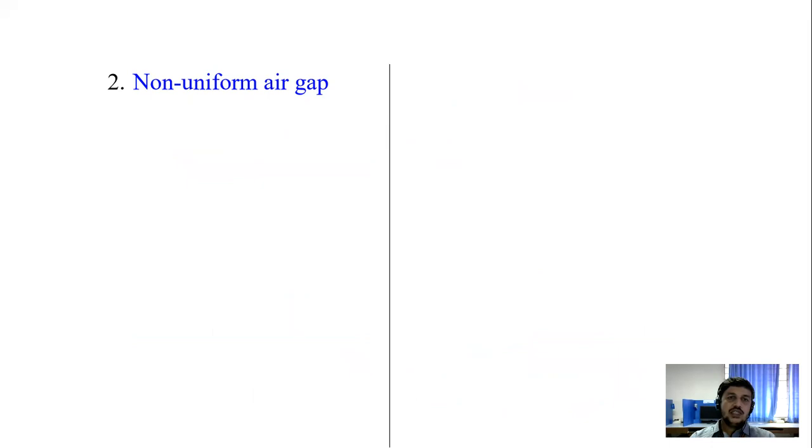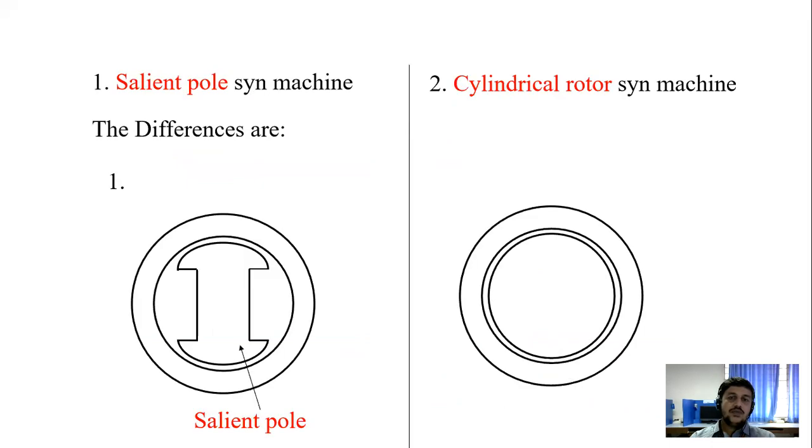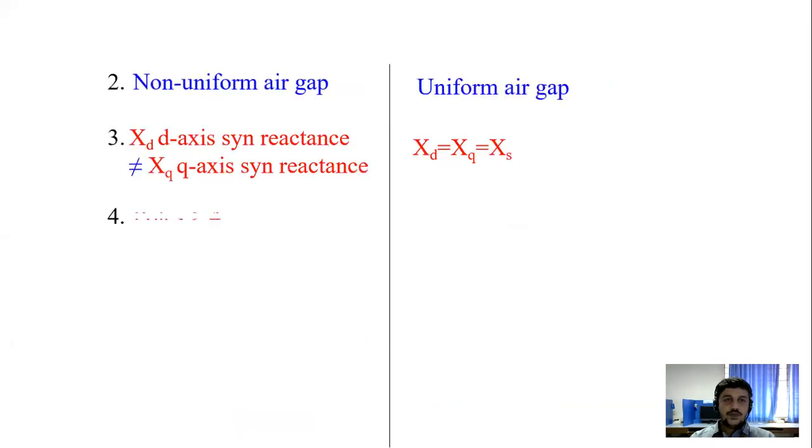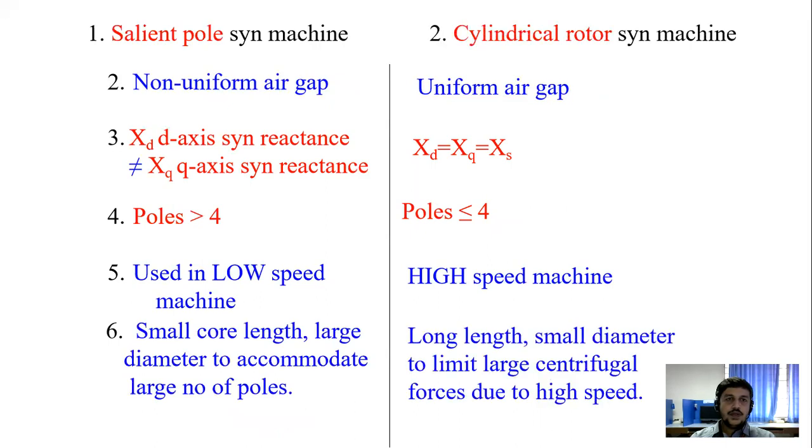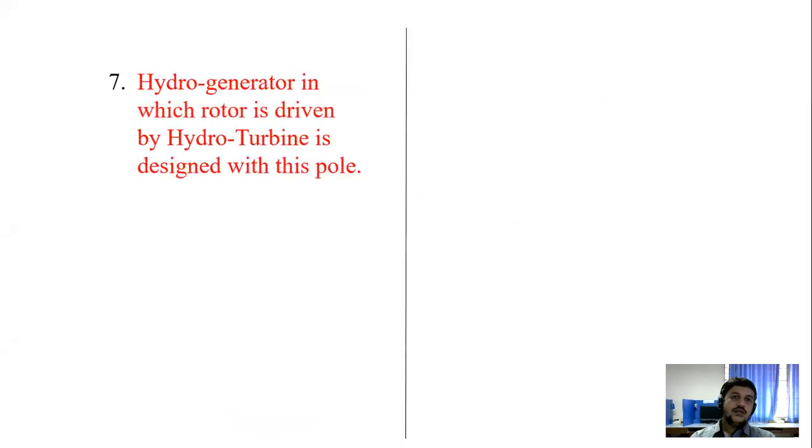Now, next is that salient pole synchronous machines are used in hydroelectric stations, because hydro generators are driven by hydro turbines. Hydro turbines are generally designed to operate at very low speed.